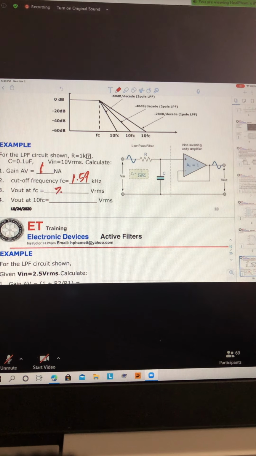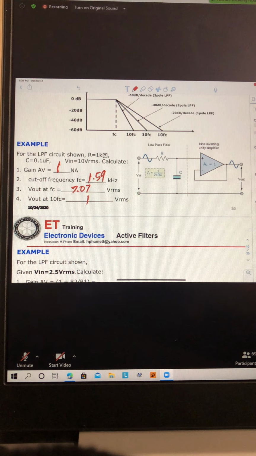And VL at 10 times the cutoff, that's what we already done last time. Okay? Any question on this example?